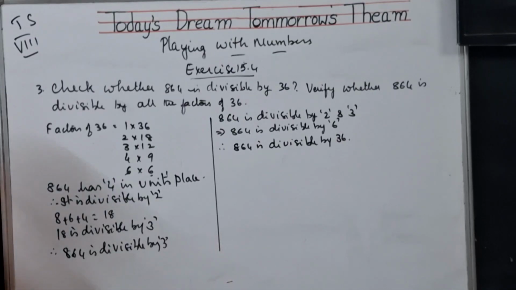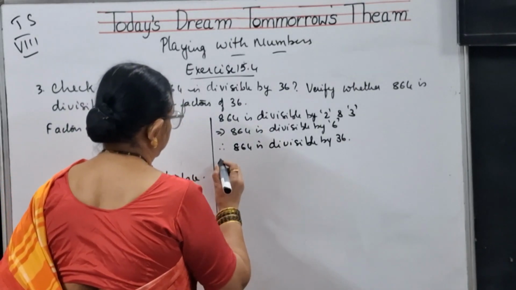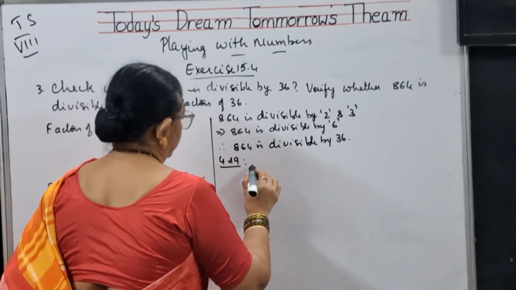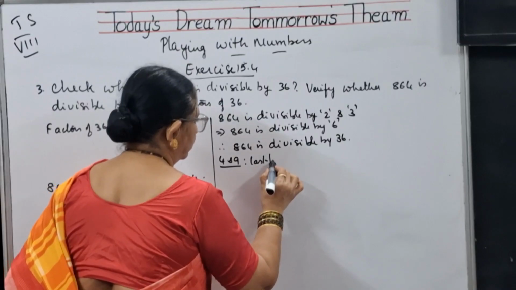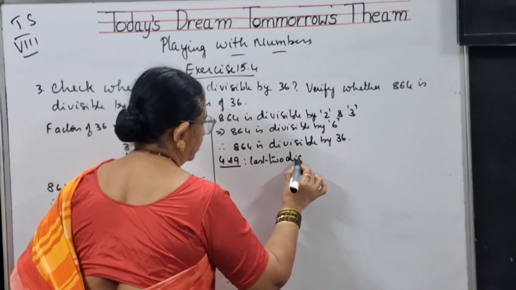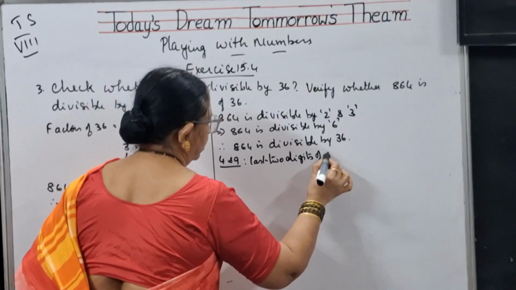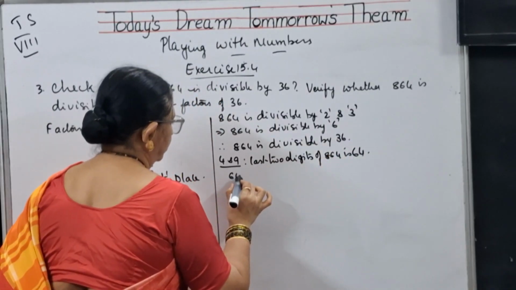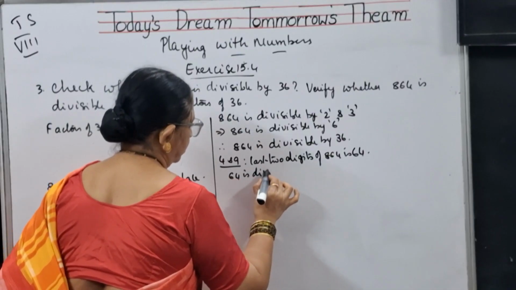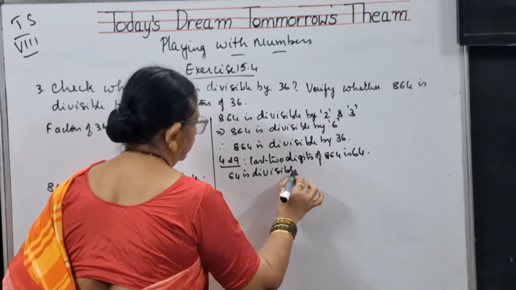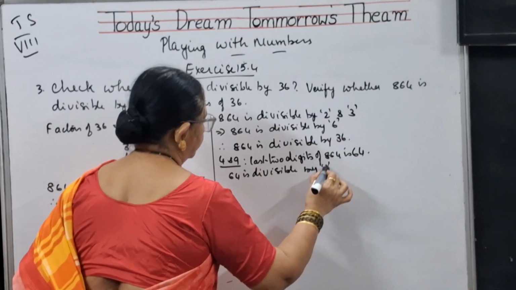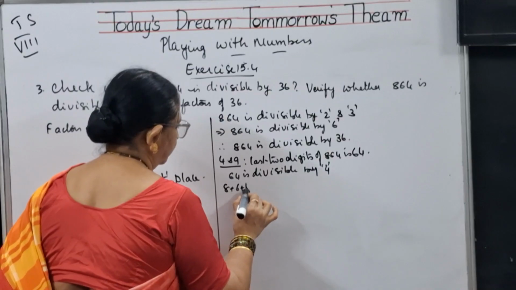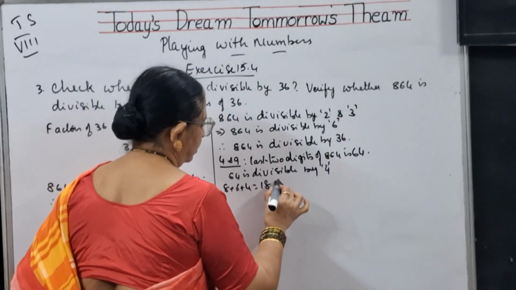Verification means, if you take 4 and 9 first: the last two digits of 864 are 64. 64 is divisible by 4. And 8 plus 6 plus 4 is equal to 18.